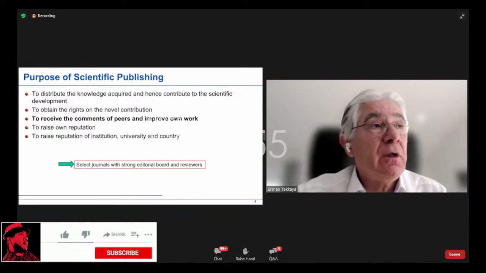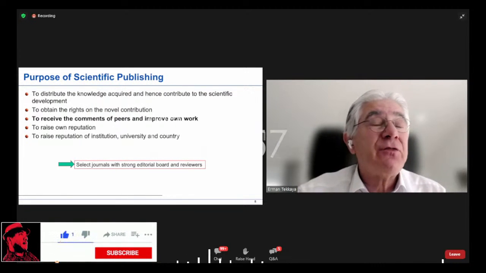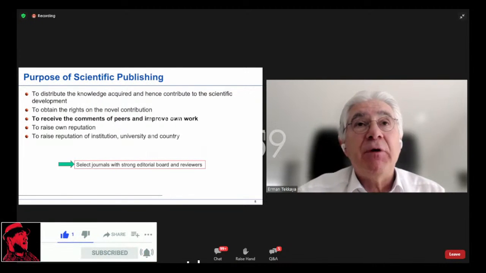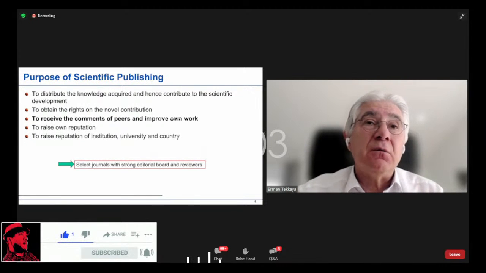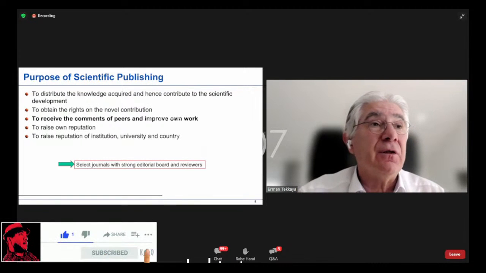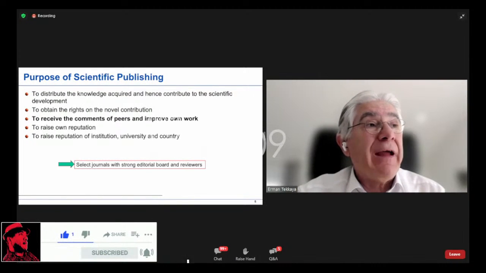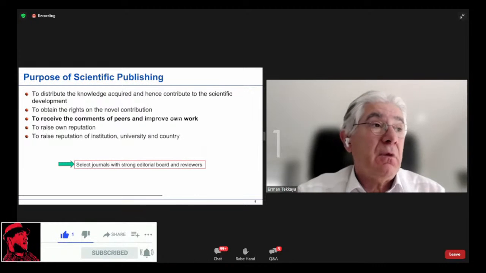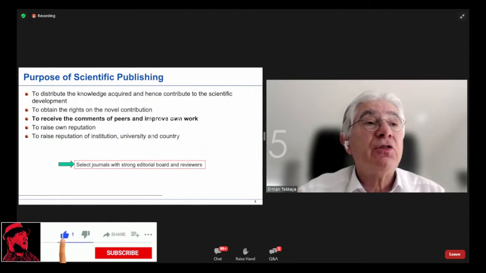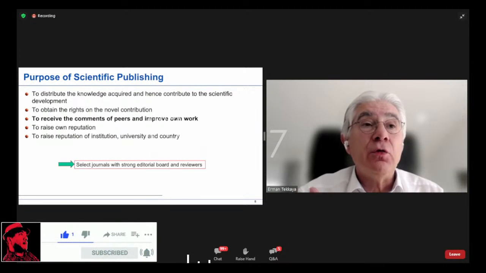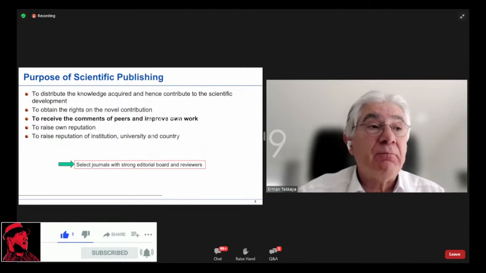And of course, another item is to raise your own reputation. I mean, in the academic world, most of the promotions are based on publications and similar activities. And of course, as important to raise the reputation of your institution, your university, and your country.